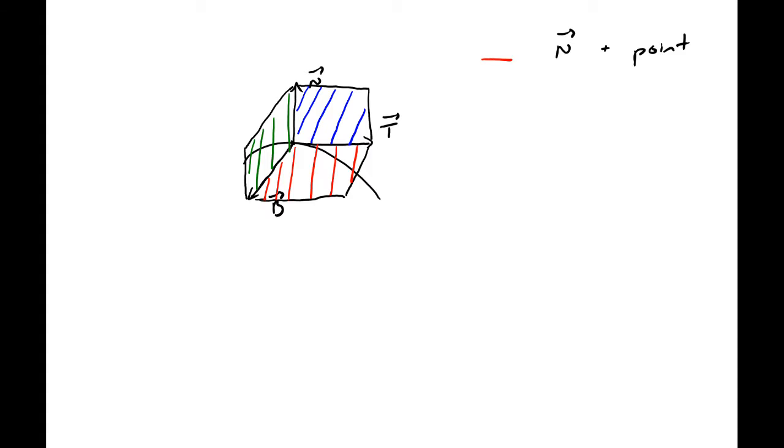To find the normal plane, we only need the tangent vector plus a point on this plane. And to find the osculating plane, we need the binormal vector plus a point. So that's for the tangent plane, normal plane, and osculating plane.